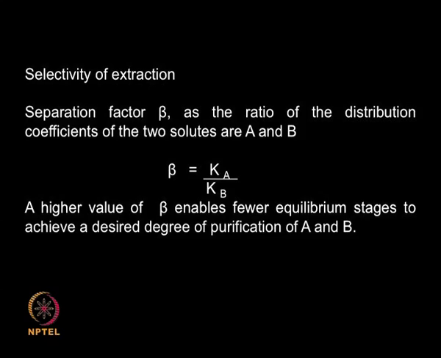For a small molecule metabolite which is stable at different temperature conditions, I may go to extraction followed by distillation, because distillation is always cheap. As long as your metabolite is stable at all conditions, you may resort to distillation rather than going to chromatography. So the selectivity term, the separation factor beta, is also very important when you decide on the solvent.